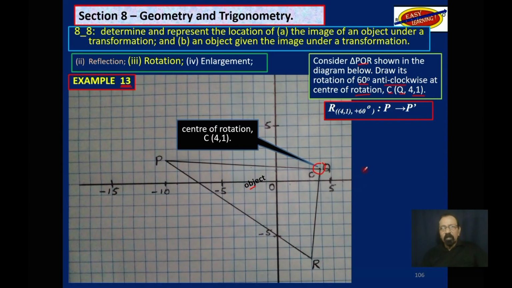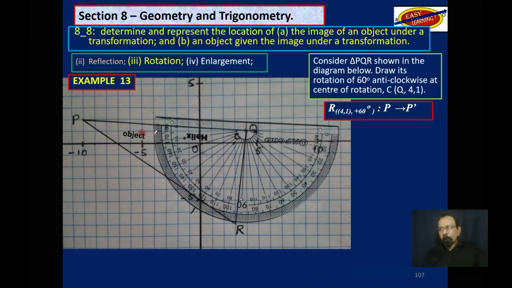Now, you realize that previously we were drawing lines, construction lines, from these vertices to the center of rotation, and then measuring 90 degrees from there. In this case, it would be 60 degrees from there. Well, now we already have the three lines. We have two lines from P to Q and R to Q. Q is already at C, so we don't even have to draw a line there.